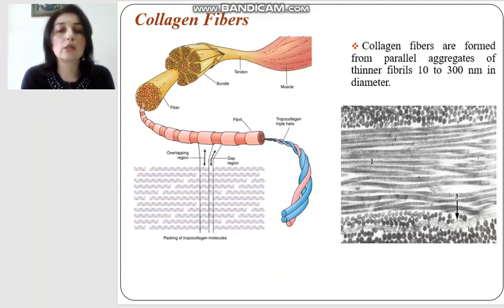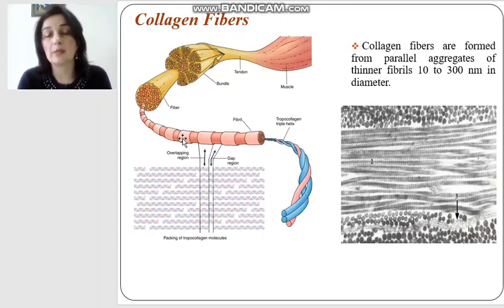If we look under the electron microscope at the collagen fibers, they appear with cross-banding, alternating dark and light bands, and they repeat at 6 to 7 nanometer intervals. In the fresh state, they appear white. That's why they are also called white fibers.